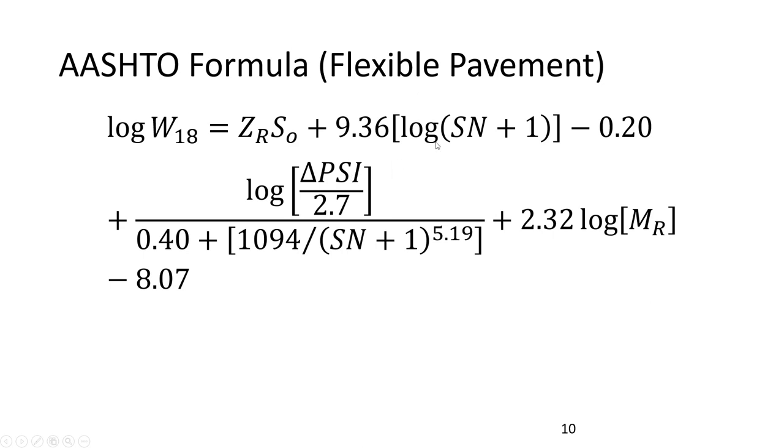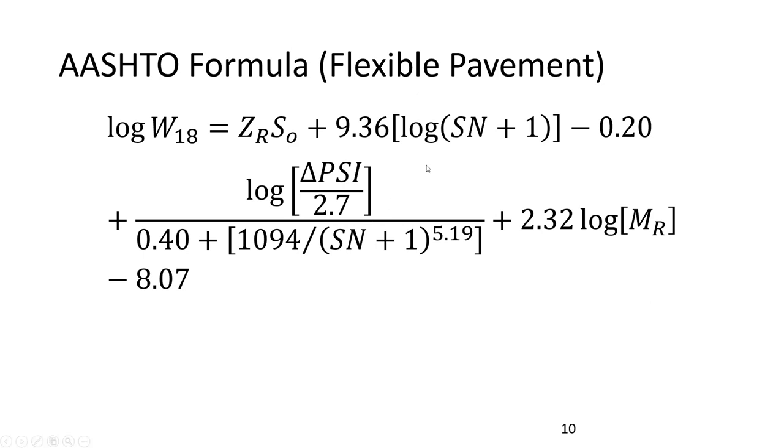Well, if you're solving for a structural number based on how much traffic or ESALs you think you're going to have, it's in two different places, and it's raised to certain powers. Basically the only way to solve this is by iteration, to run through and iterate until you arrive at what your structural number should be.